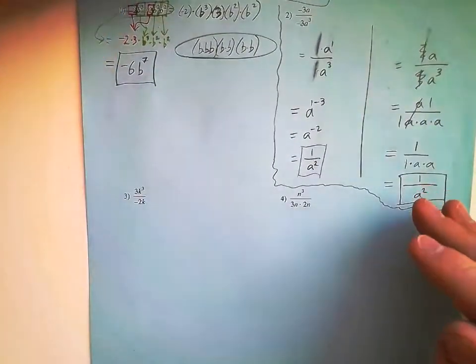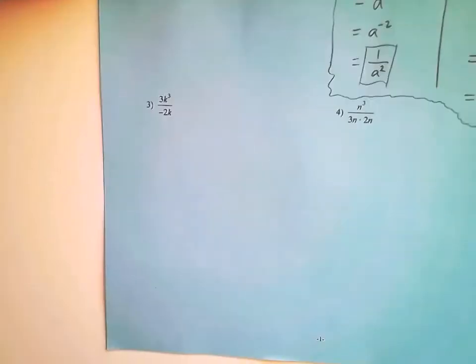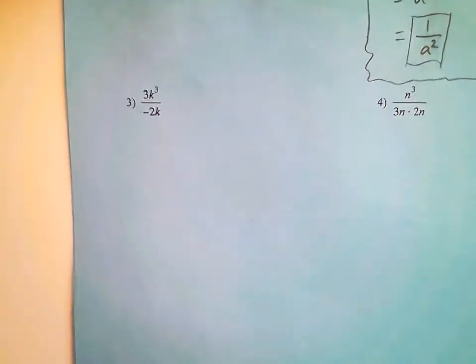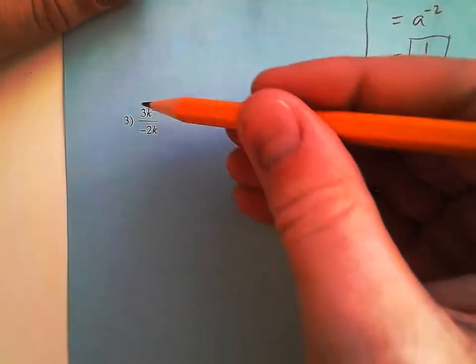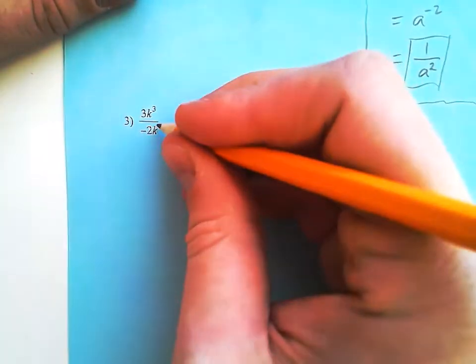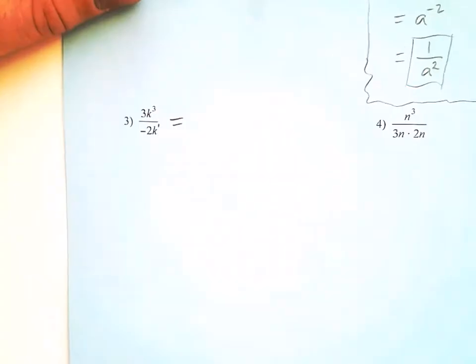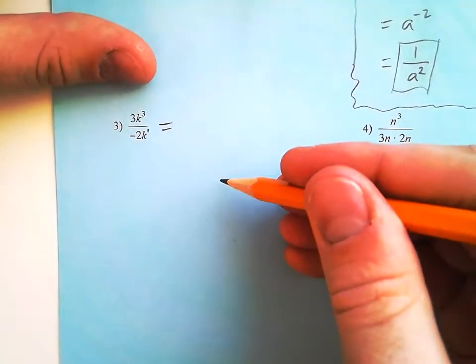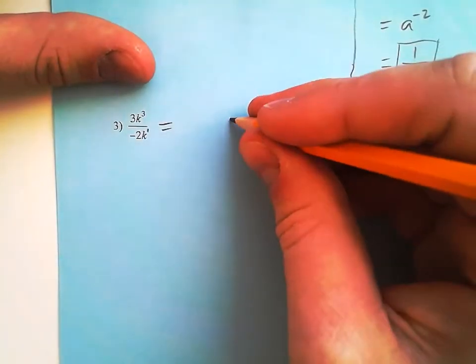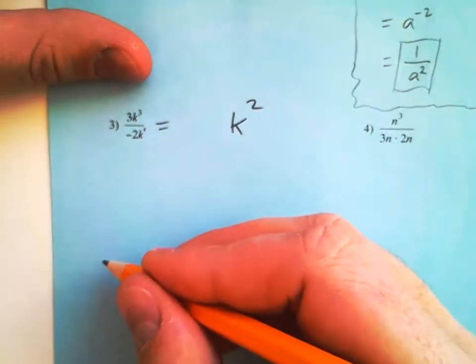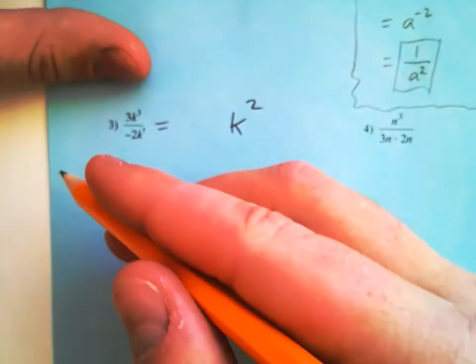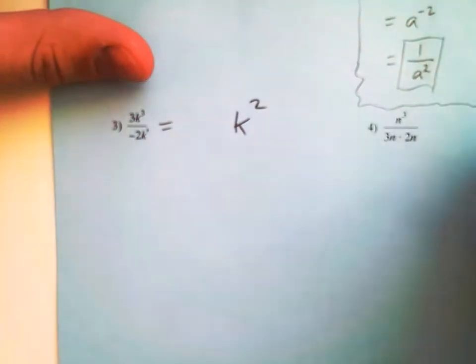Number 3. 3k to the third over k. K to the third over k to the first. Just like on number 2, you're going to subtract the exponents and it's going to be k squared. Or if you did it the long way, it'd be kkk over k, and one of the k's on the top would cancel with the k on the bottom.